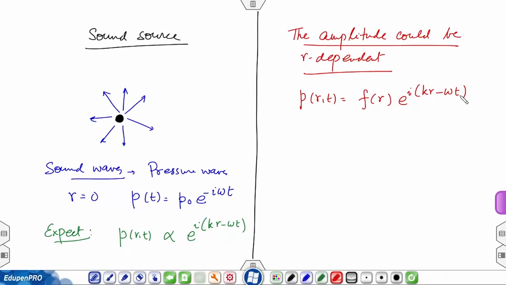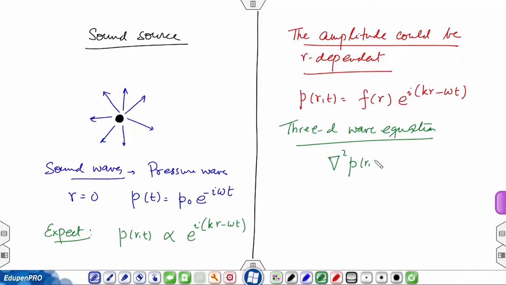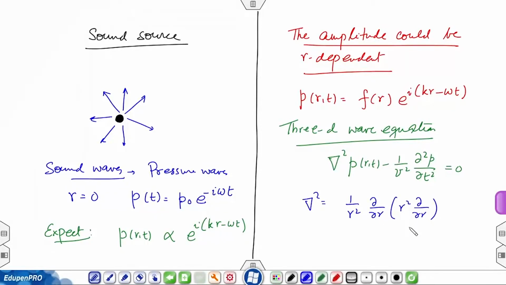And going to substitute this in the 3-dimensional wave equation, which is Laplacian of p(r,t) minus 1 over v squared d 2 p over d t squared equals 0. Del squared in spherical coordinates is 1 over r squared partial with respect to r of r squared partial with respect to r again, and d t squared is very easy to take.